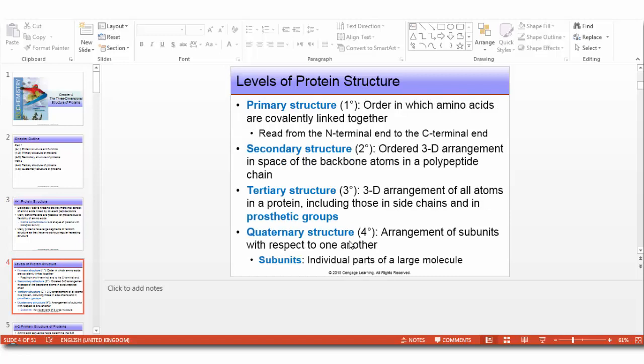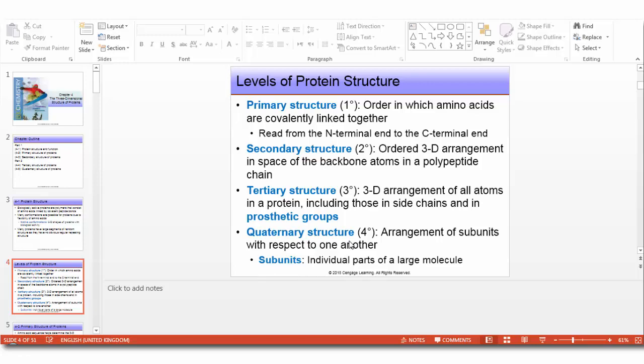What are the levels of protein structure? Primary structure is the order in which the amino acids are covalently linked together. It refers to the linear sequence of amino acids in a polypeptide chain, and the chain is read from the N-terminal end to the C-terminal end.